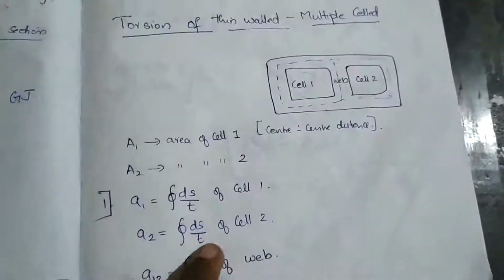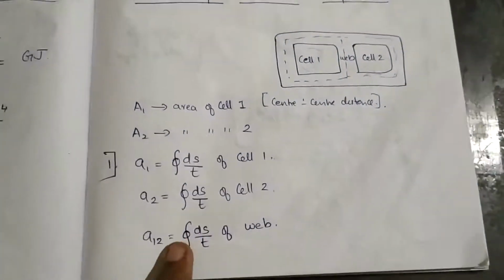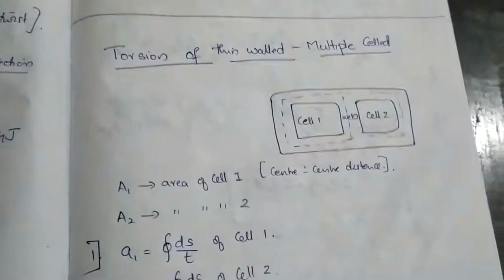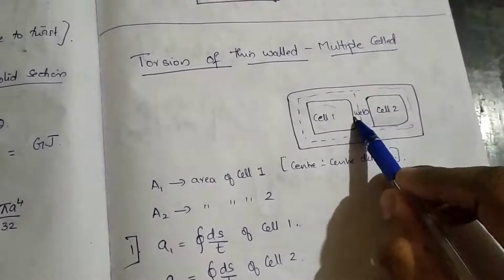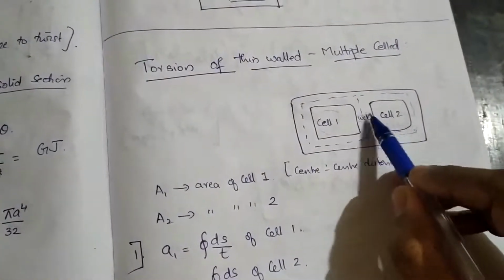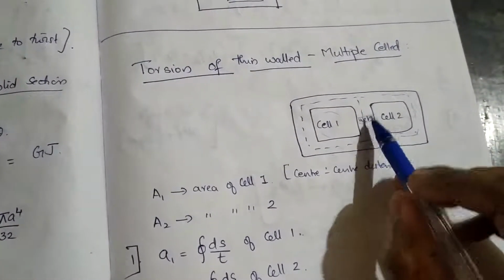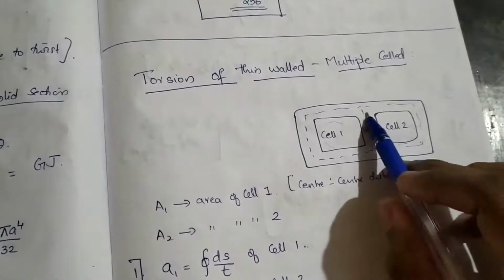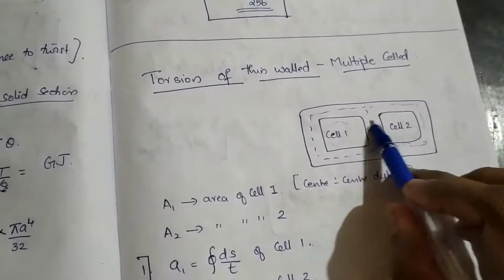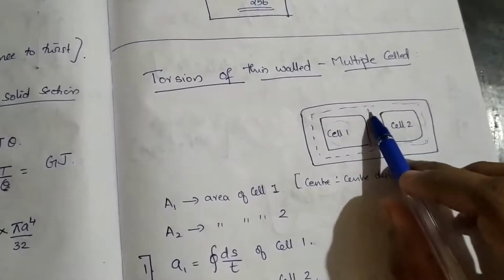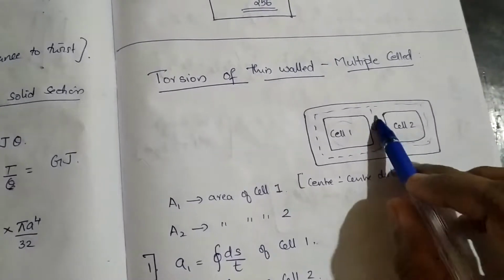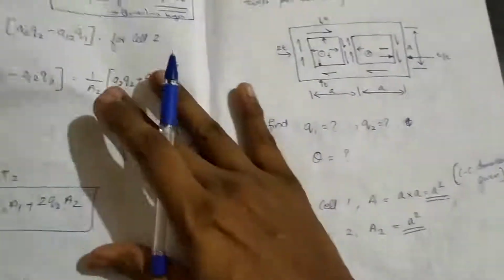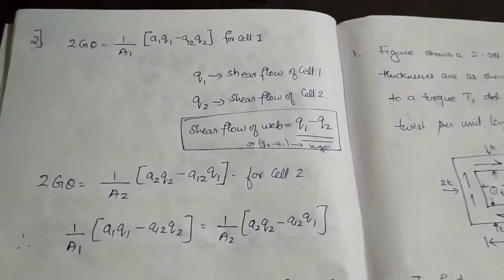Similarly cell 2 also you need to find out. Then delta 12 is nothing but the ds by t of this web. If there are two webs connected, you need to do it separately. Here you have only one web, so ds by t means this length, from here to here, by thickness. That's all. Okay, these things you will understand while doing the problems.